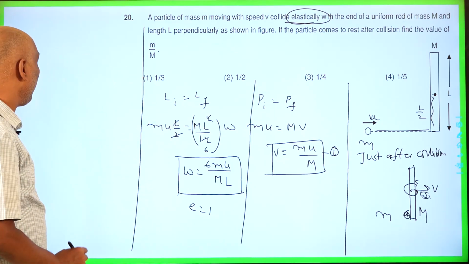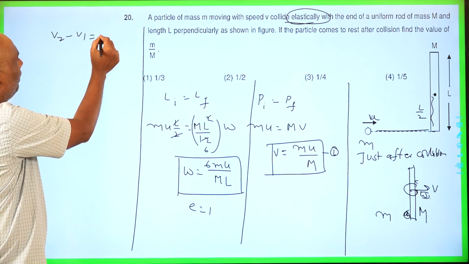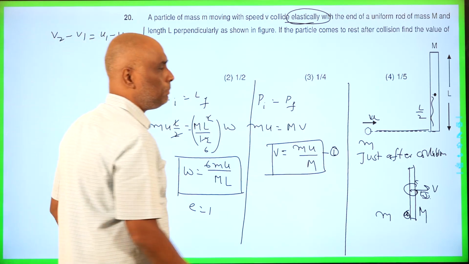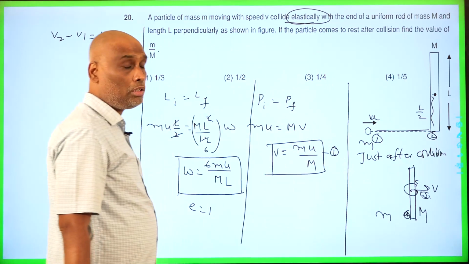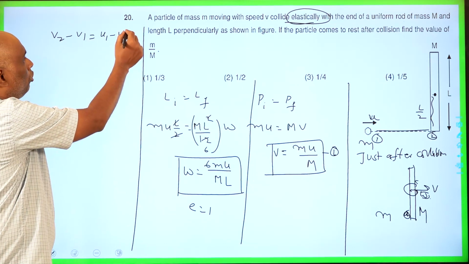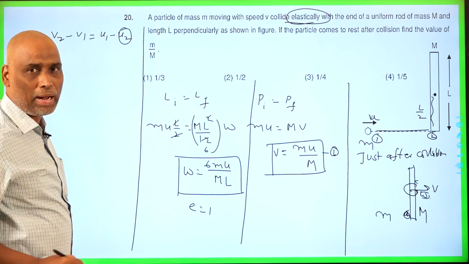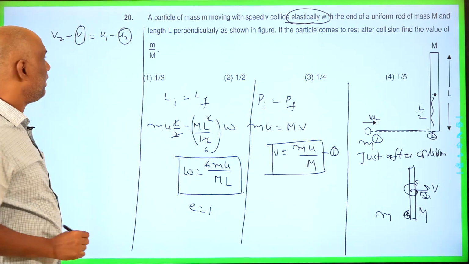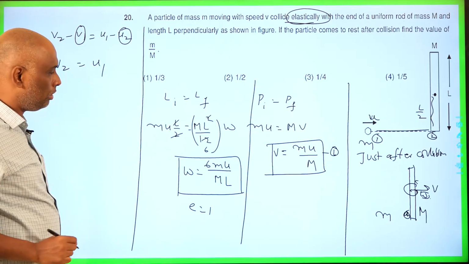When e is 1, I can say V2 minus V1 should be equal to U1 minus U2. I will take the particle as the first object and the rod as the second object. Before collision, because the rod is at rest, U2 is equal to 0. Just after collision, because the particle is coming to rest, V1 is equal to 0. That means V2 should be equal to U1.